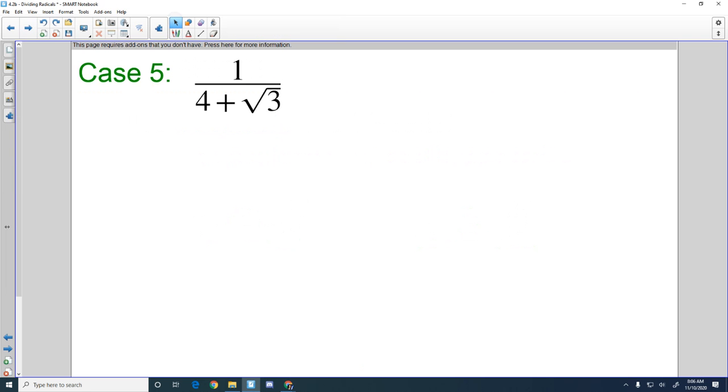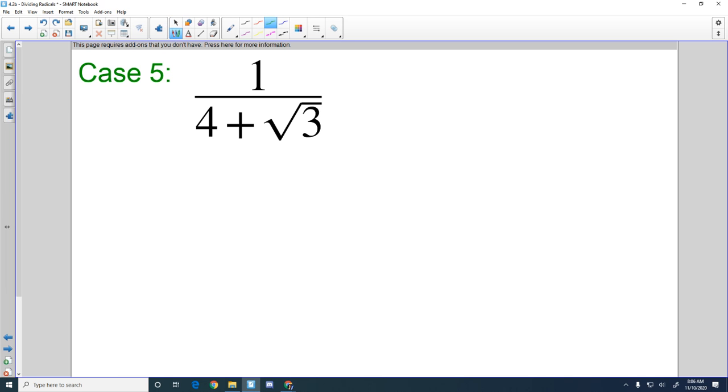So here we go. 1 divided by 4 plus the square root of 3. Now, some students might be tempted.